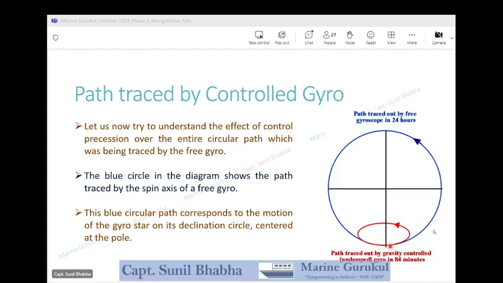Another important thing, you can see that the path has become very much smaller and shorter than before. This path is traced out by a gravity controlled gyro. This is called a gravity controlled gyro in 84 minutes. The blue circle was being traced in 24 hours, whereas the red elliptical path is being traced out in 84 minutes.